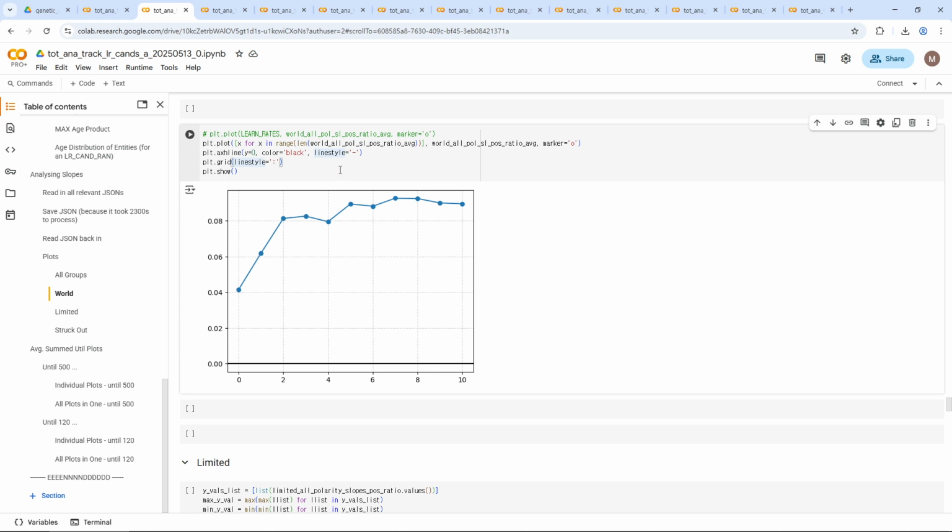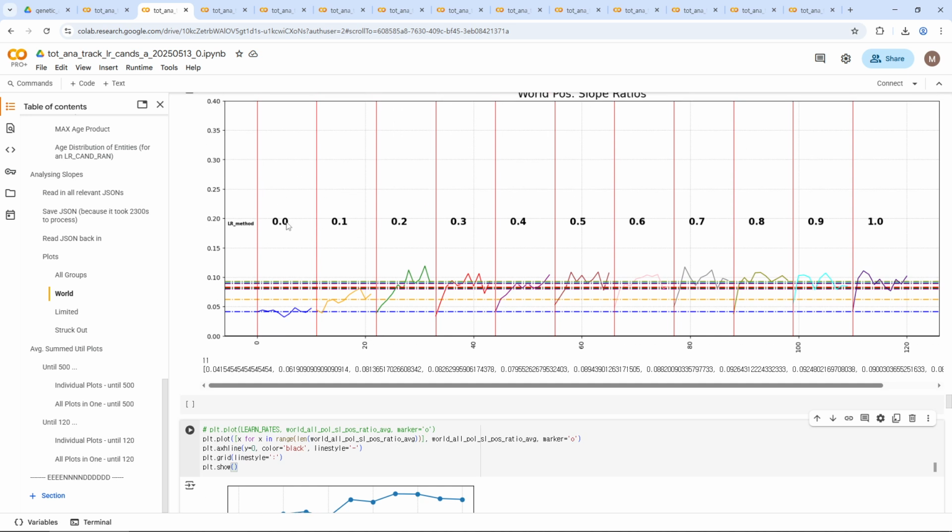On to the next notebook, in which we still use the universal fixed learn rate from 0.0 to 1.0.